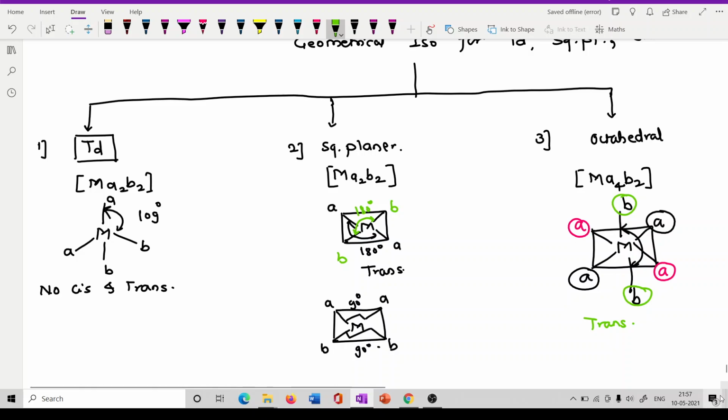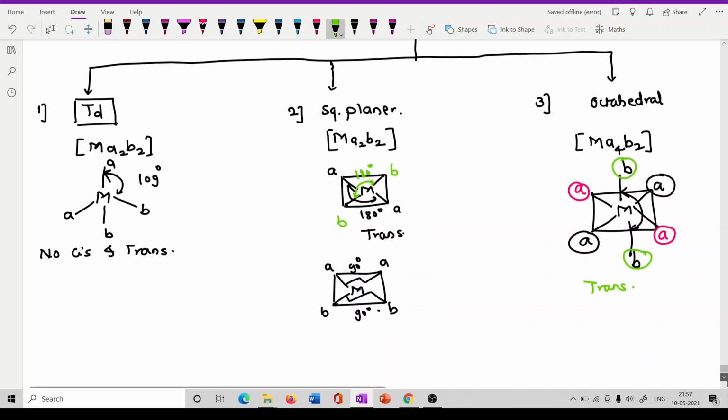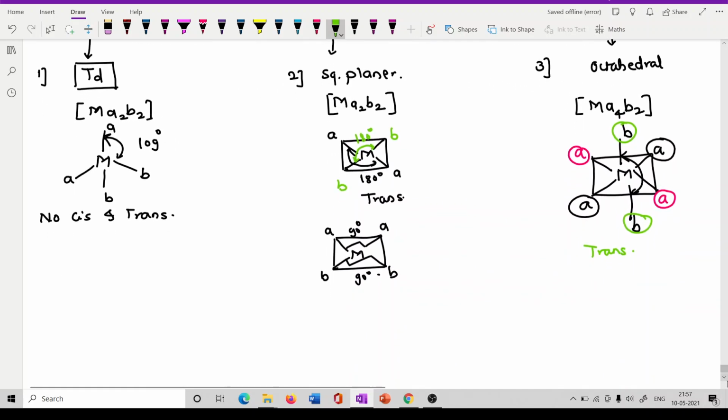Similarly, I can compose the next isomer, the cis isomer.